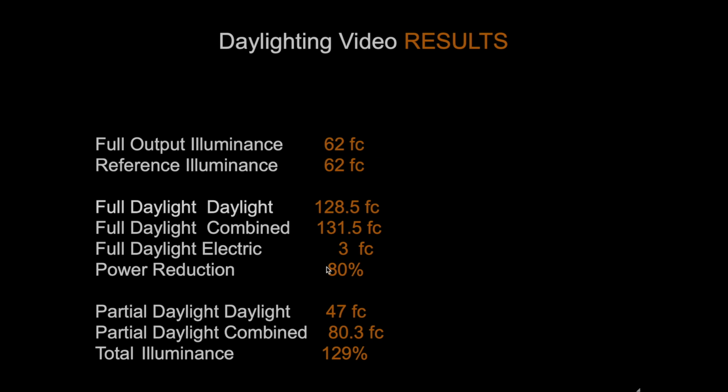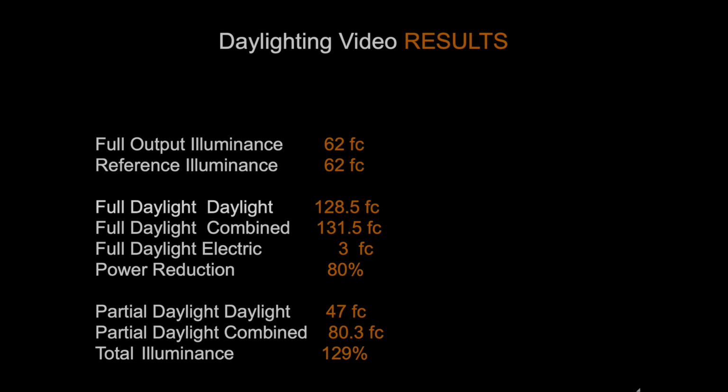We ended up with 4.8%. You look at the chart on the acceptance testing form, and that will give us 80% power reduction. In a full output system, you need at least a 65% reduction of power in order to pass the test. So we passed the full daylight test.